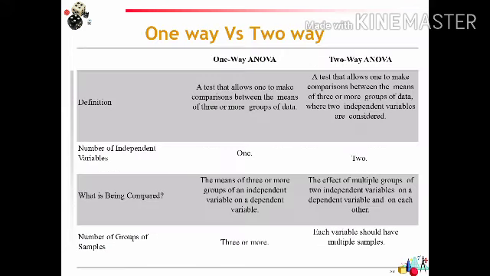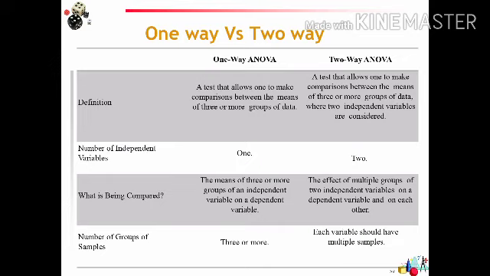Here you can see the comparison between one-way and two-way ANOVA. By definition, one-way ANOVA is a test that allows one to make comparisons between the means of 3 or more groups of data.